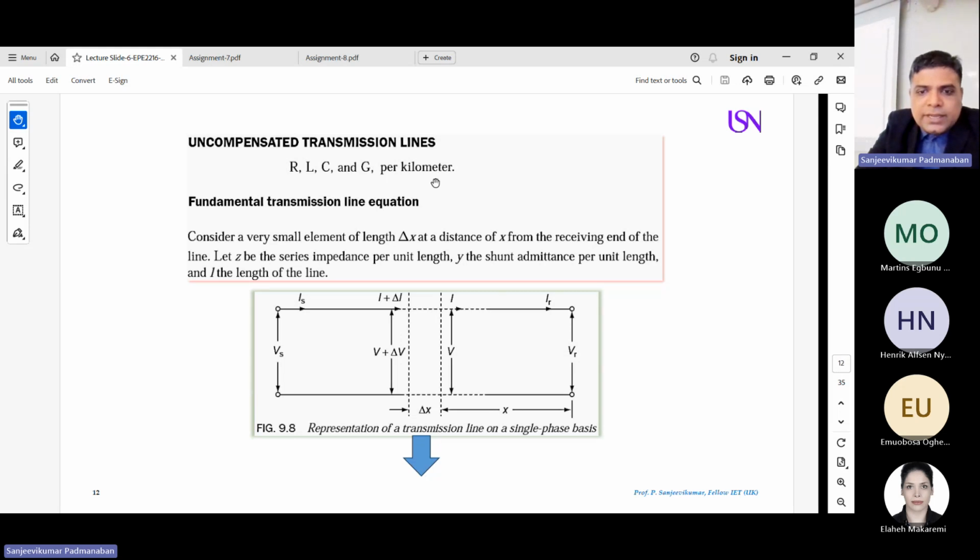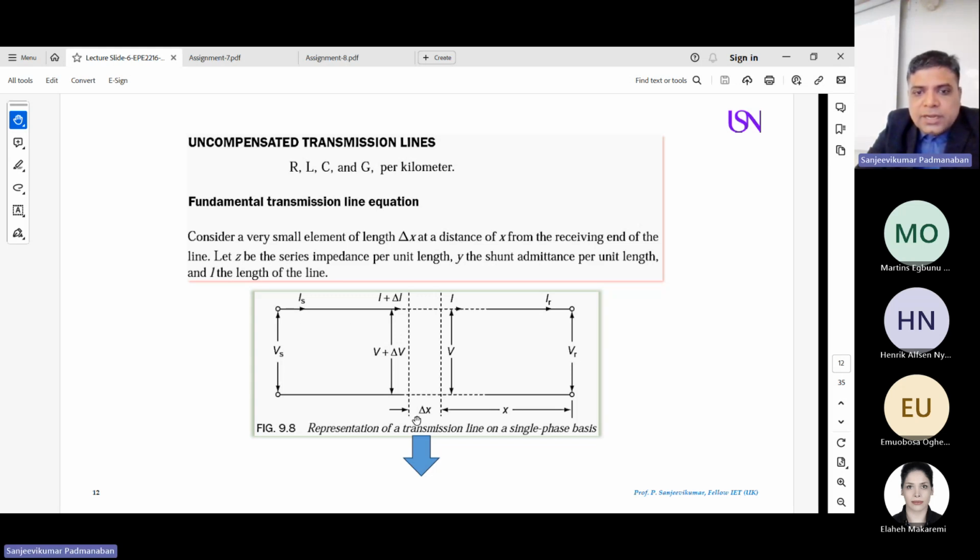If you want to look at a model of a single phase transmission line, you have a source voltage, which is the sending end voltage, and you have a receiving end on the load side. The transmission line can have a long length, say L, and the source current is IS.